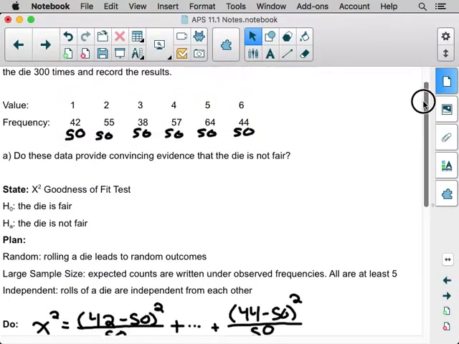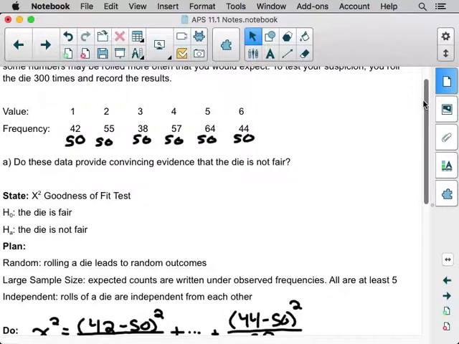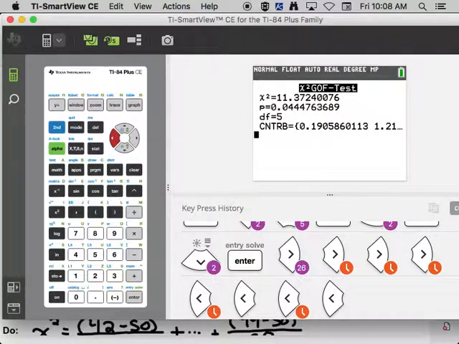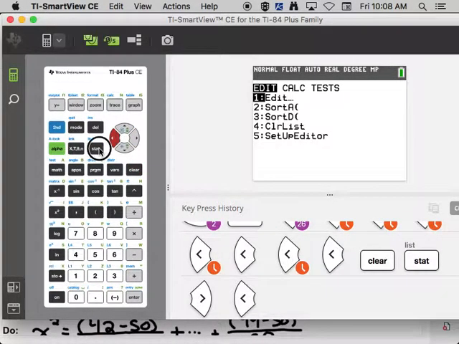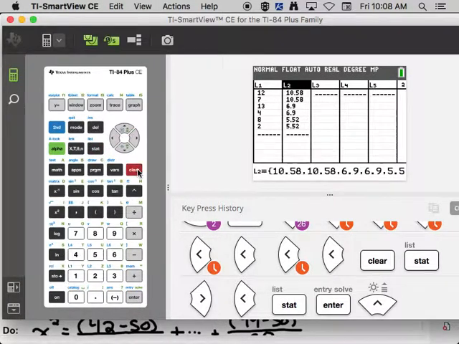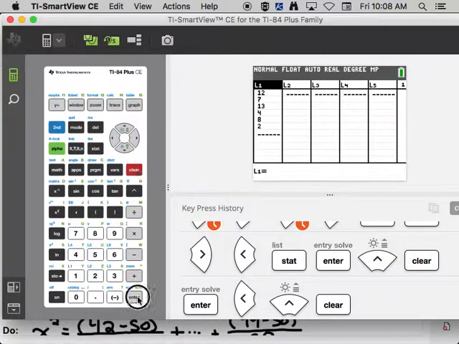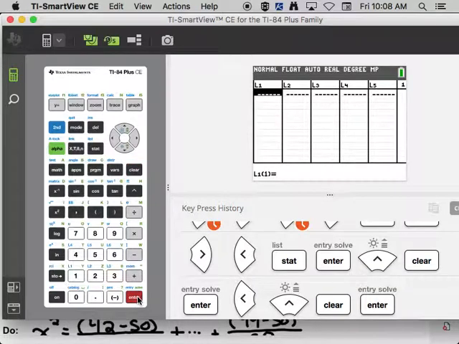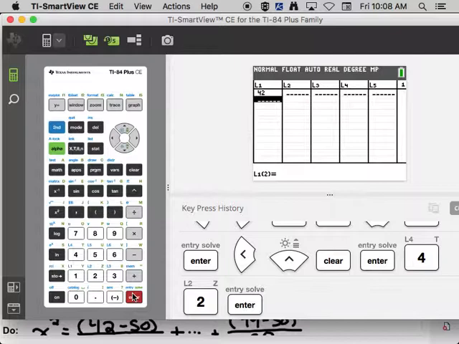Now, again, here, I have this information that the calculator is going to ultimately need. How do I type in that information? Where do I put it? I put it in lists. Let's clear that out. 42, 55.